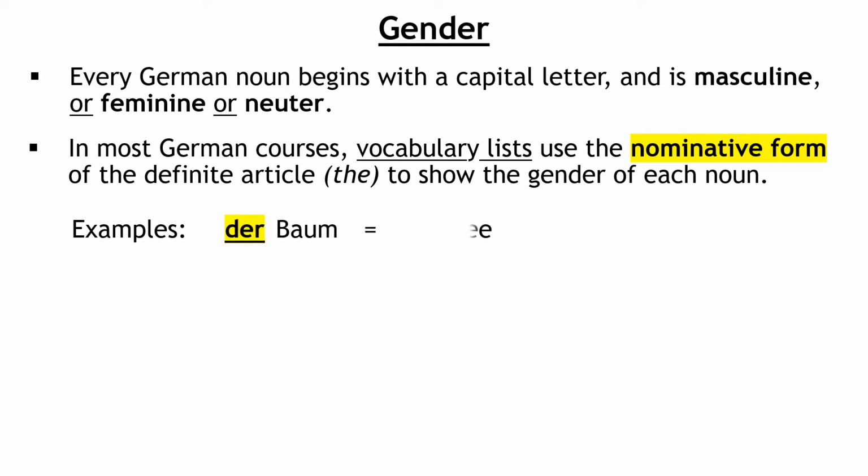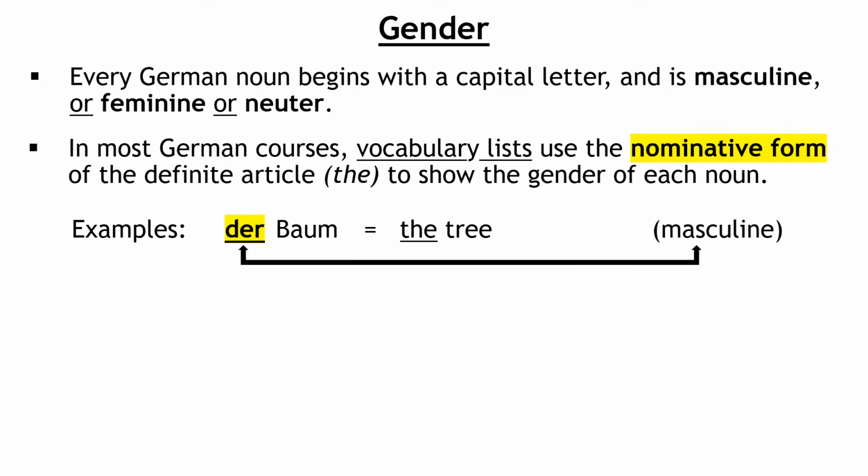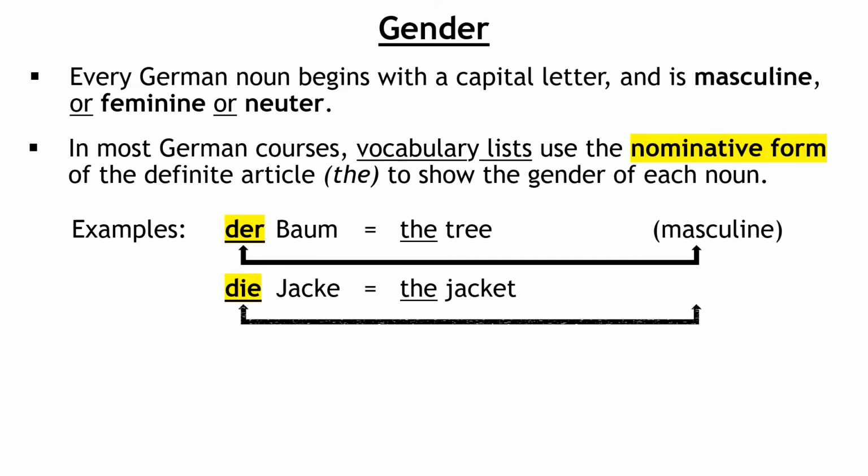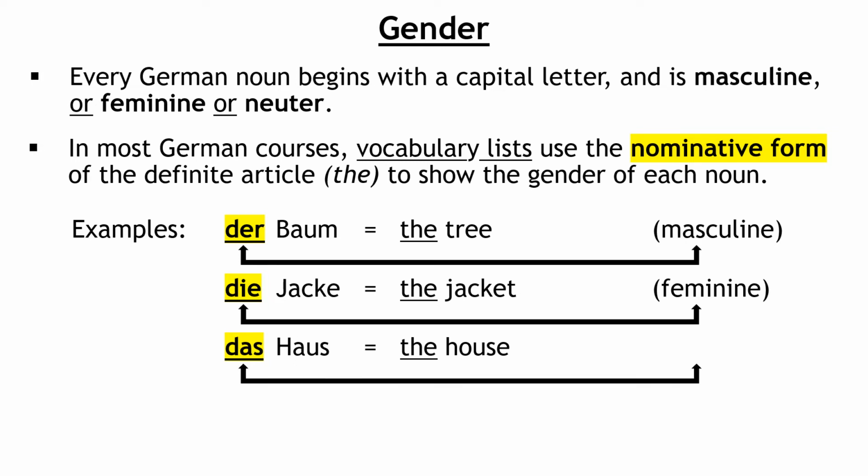So if you're looking at a list of vocabulary and you see der Baum equals the tree, the word der is an indicator to you that the word Baum is a masculine noun. Likewise, the word die in front of Jacke indicates that Jacke is a feminine noun, and the word das in front of Haus indicates that the word Haus is a neuter noun.